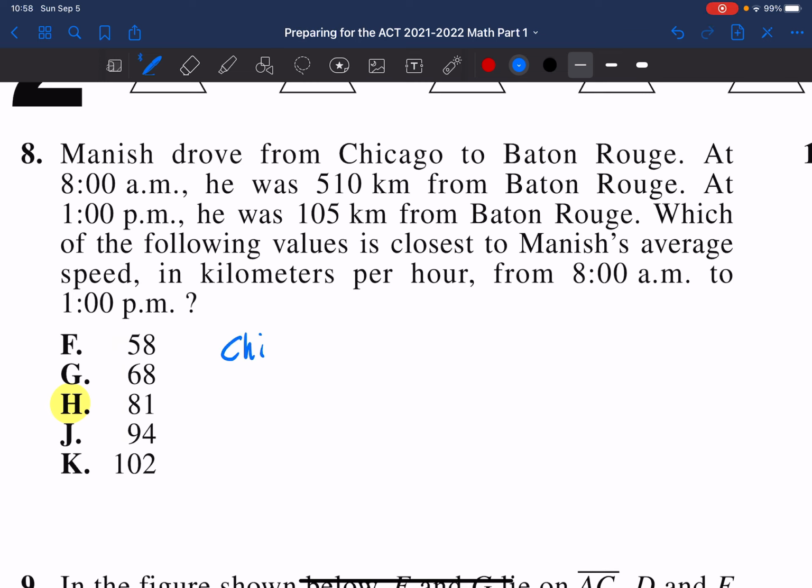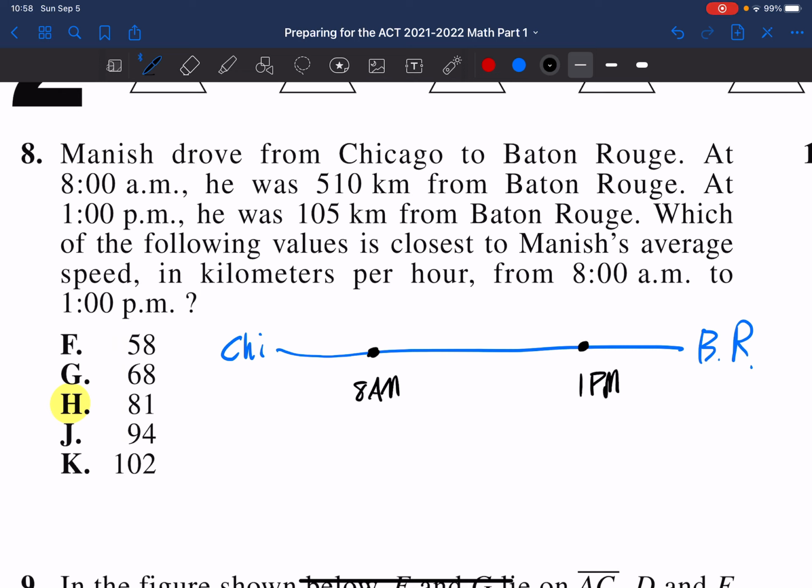So we got Chicago over here and Baton Rouge over here. Now at some point, we don't know where, call that 8 a.m. And then at 1 p.m., he was closer.